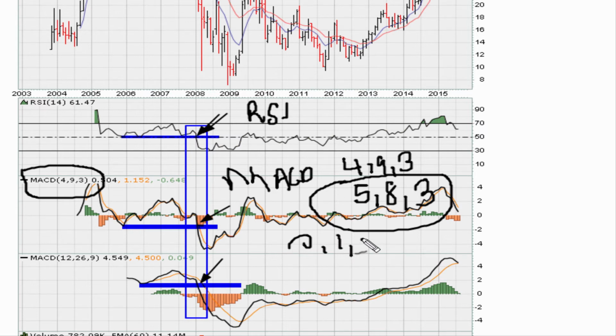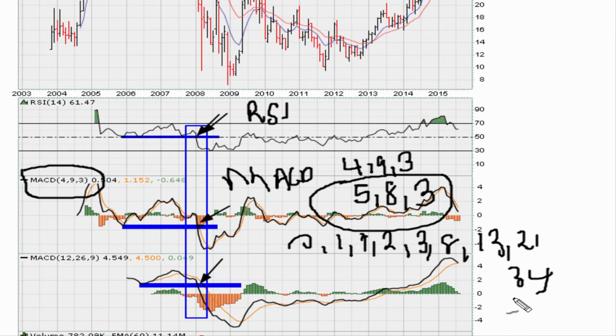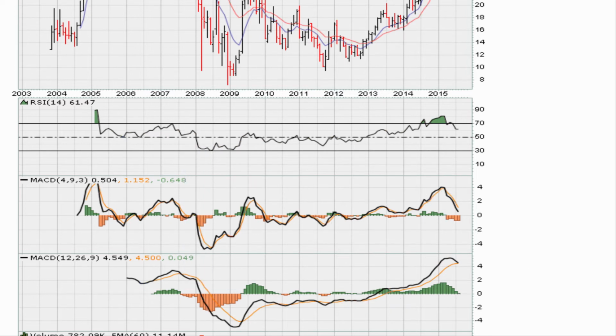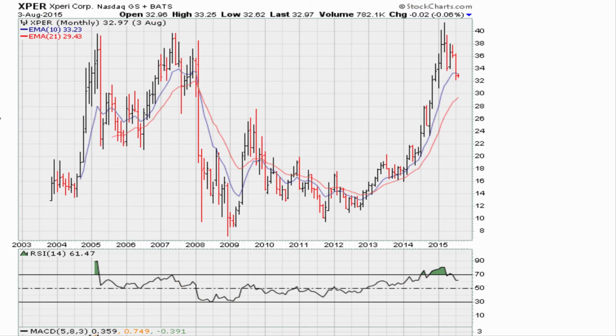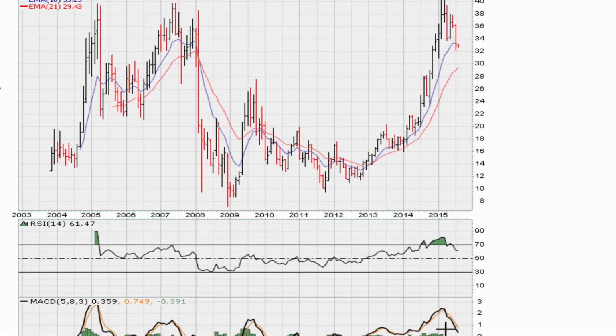Of course, 0, 1, 1, 2, 3, 5, 8, 13, 21, 34, 55, 89, 144, 233, 377. And yes, I know them offhand. So I'm going to update this to see whether it still gives us the same minimum requirements during this break here, and it will. So just bear with me, give me a second. Because I get asked a lot about those parameters, I'm going to show you.